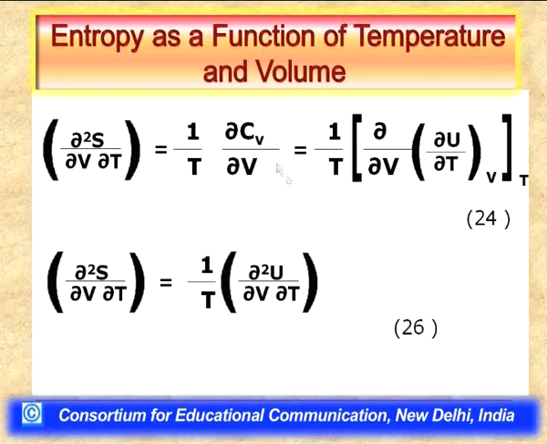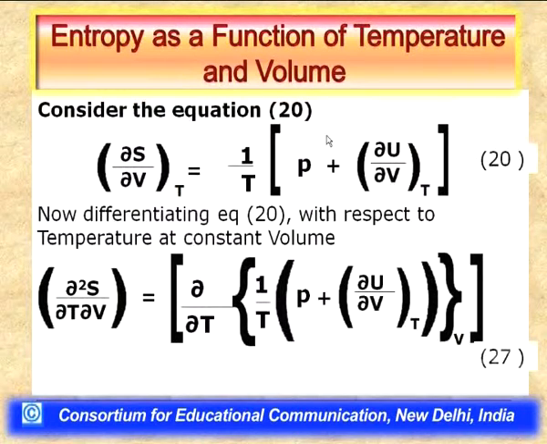So, this is again the same equation I have written at the top. The left hand side being the same, del square S by del V del T equals 1 by T times del square U by del V del T. That is, first the internal energy is differentiated with respect to temperature, then with respect to volume. So, this equation 26 is an important equation. Why it is so will be highlighted a little later from now.